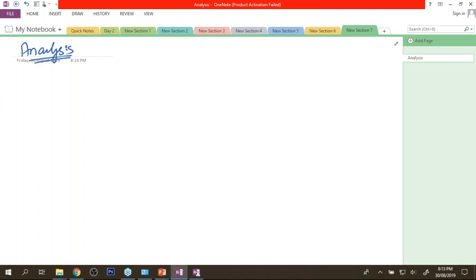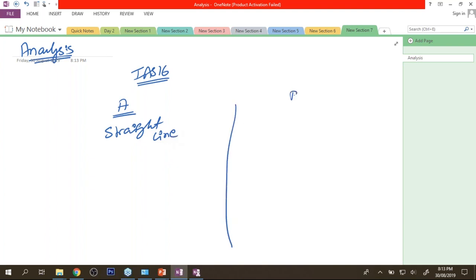In case of analysis, let's suppose that we are talking about IAS 16. And if I say that there's a company A which depreciates the asset on a straight line basis, and there's a company B which depreciates the asset on the reducing balance method.